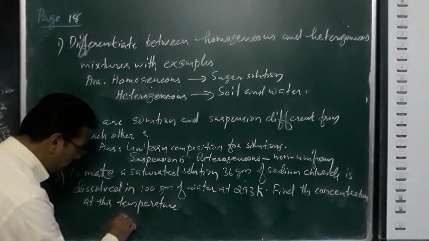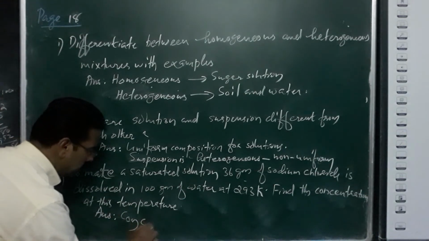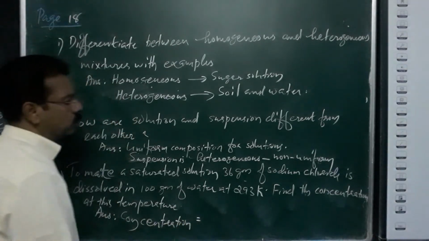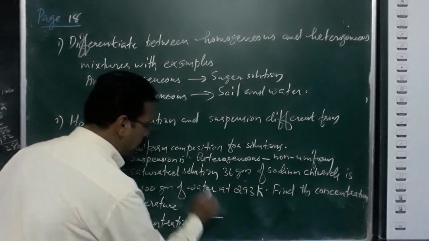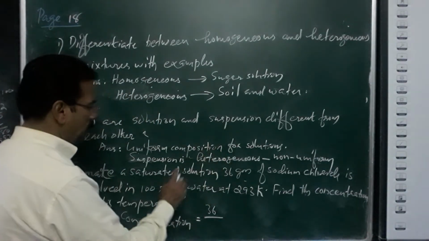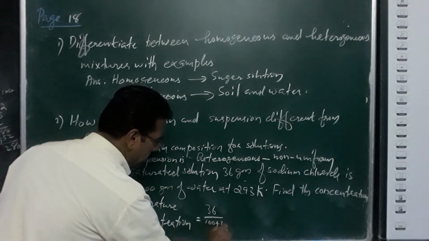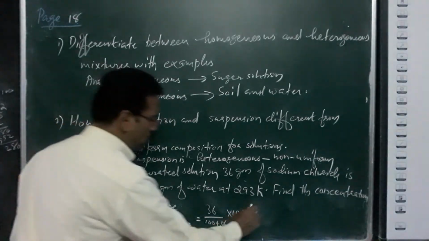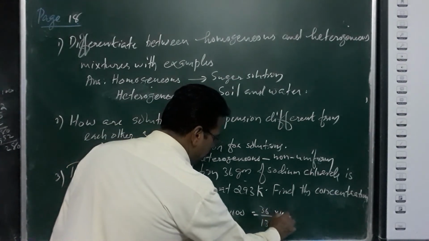For this case, concentration is equal to 36 divided by the total mixture, 100 plus 36, into 100, which is 36 divided by 136 into 100.